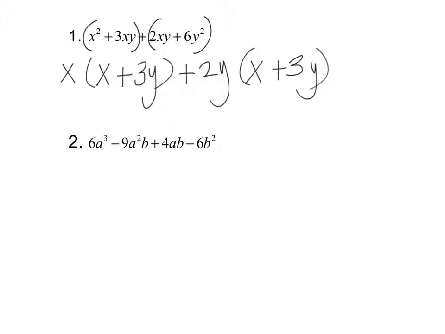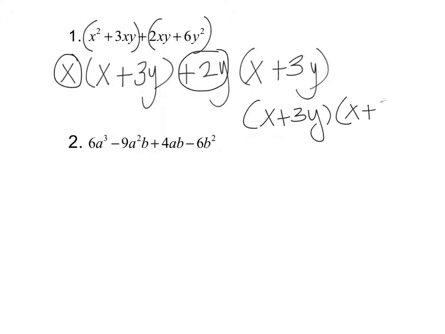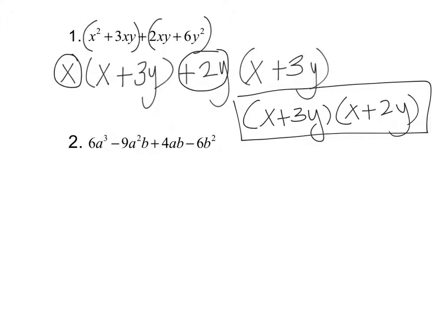Now check inside the parentheses, exactly the same. So that would be my first factor, and my second factor is whatever the GCF is, which is X plus 2Y. Now please pause the video again and try the next one on your own.